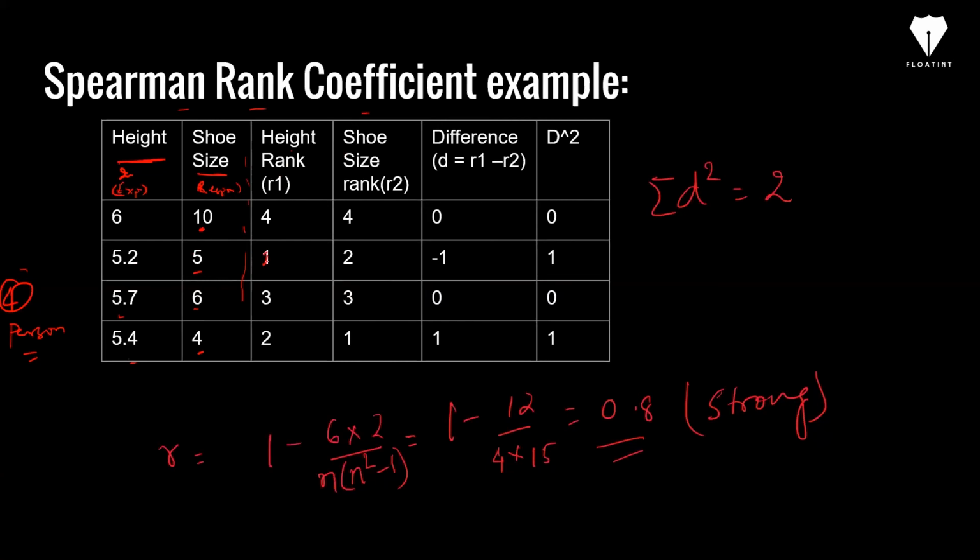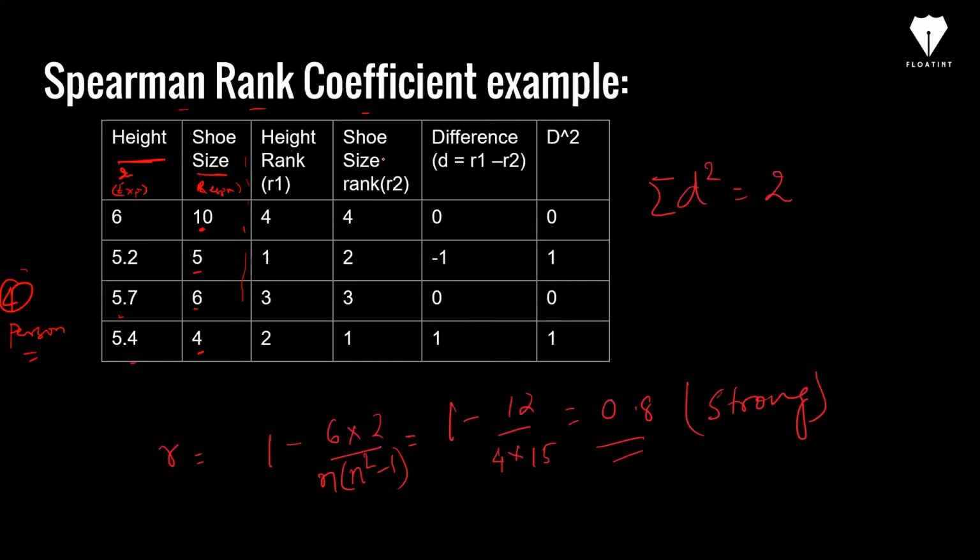Next, 5.4 is the next lowest, so that is second. Then you have 5.7, that is third, and the highest is 6, that will be 4. That rank is in ascending order: the first is the lowest and the fourth is the highest.